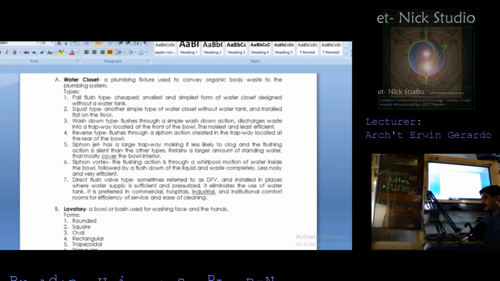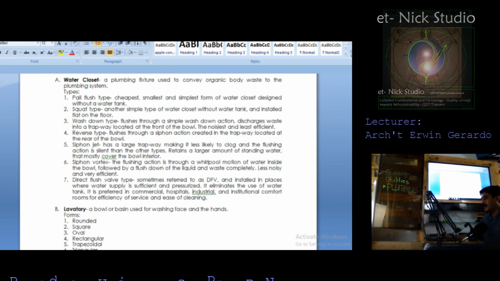The washdown type is the noisiest and least efficient. The reverse type flushes through a siphon action created in a trapway located at the rear of the bowl.